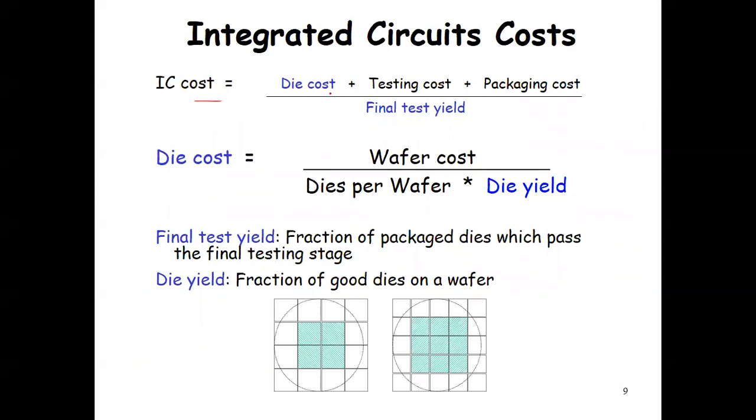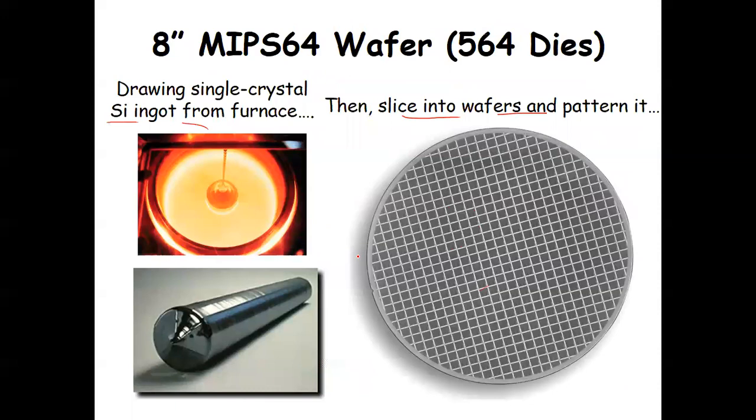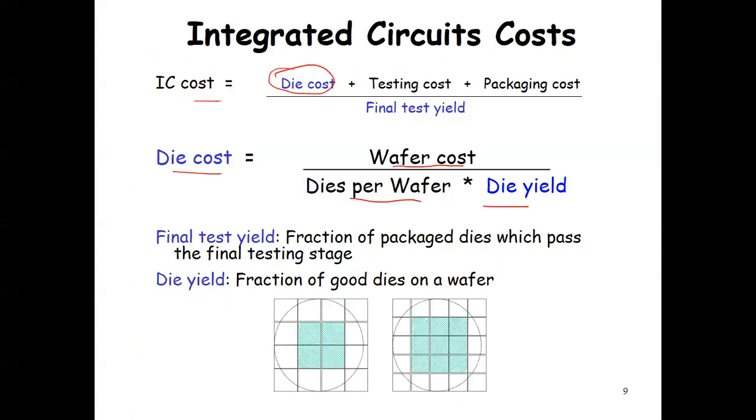IC cost is calculated as die cost plus testing cost plus packaging cost divided by final test yield. And this die cost is calculated as wafer cost divided by dies per wafer into die yield, right? This is the wafer. On the wafer we keep dies, but not all dies will be successful.